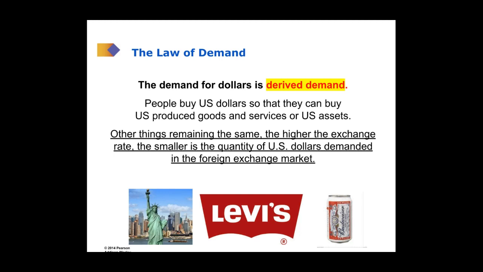So if people want to travel to the United States or buy Levi's jeans or drink Budweiser beer, all things produced in the United States, well, then they have to have dollars in order to do that. So we call this derived demand. You're demanding the currency not for the sake of owning the currency, but for the sake of being able to buy the things that the currency allows you to buy.